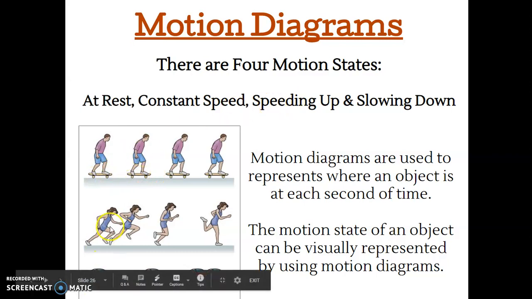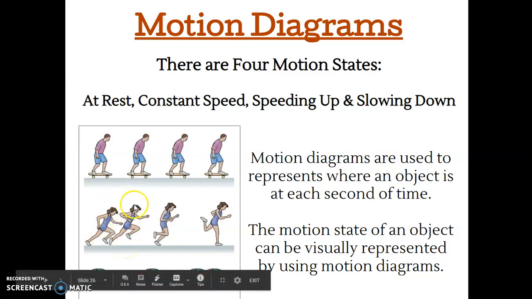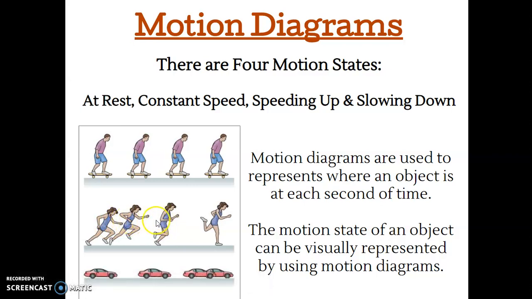Speeding up, so she is running here and how can we tell she's speeding up? We have these snapshots taken of her. Let's say they're a second apart. So here she ran this far in the first second, and a second later she's a little bit further, and then yet another second later she's even further. So she's speeding up.